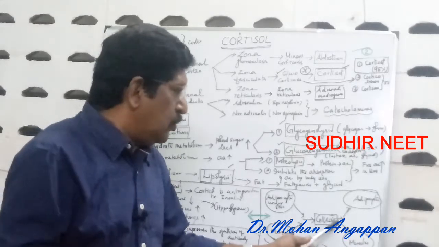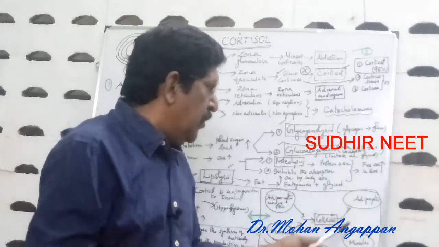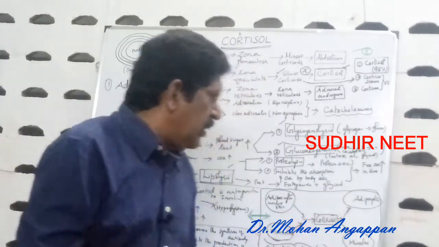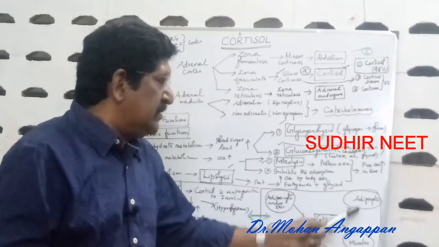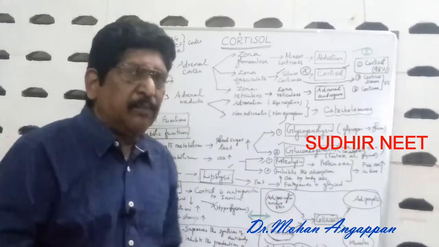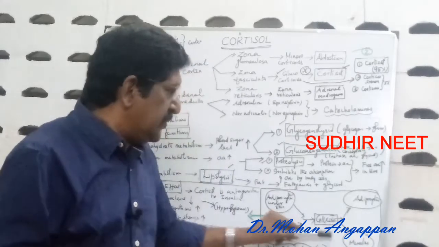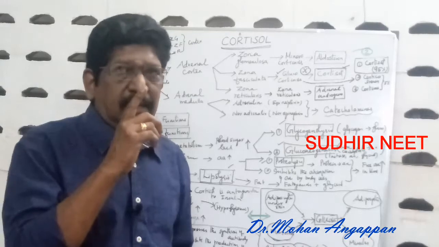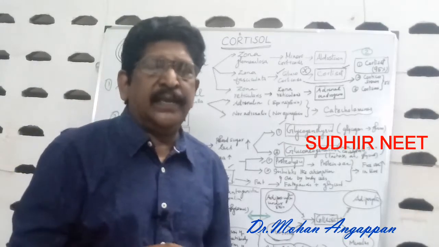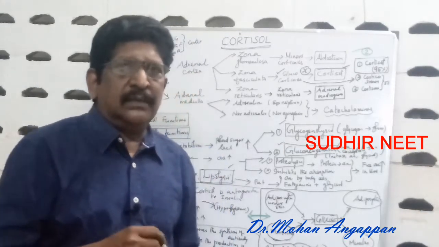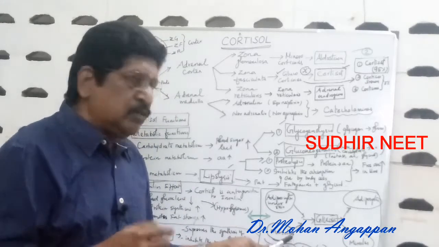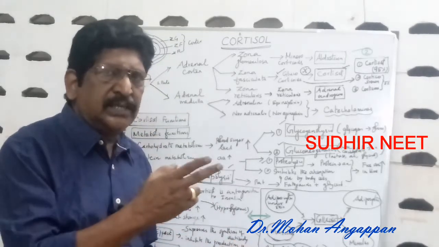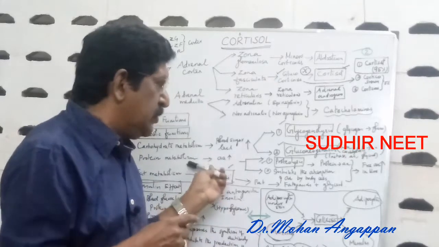That means the glucose is converted into glycogen in the muscles and fat in the adipose tissues. So this is the antagonistic effect of cortisol and insulin. You must remember. It is a very important area. The question I told you already: the two antagonistic hormones, insulin and cortisol.